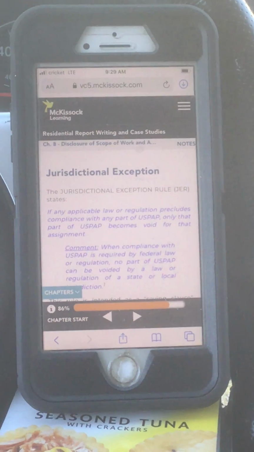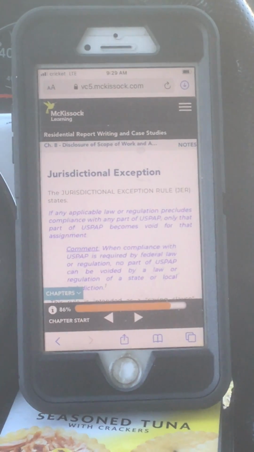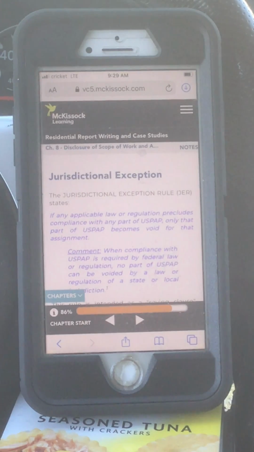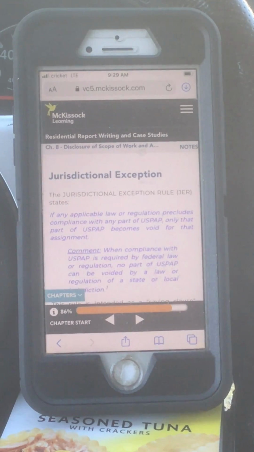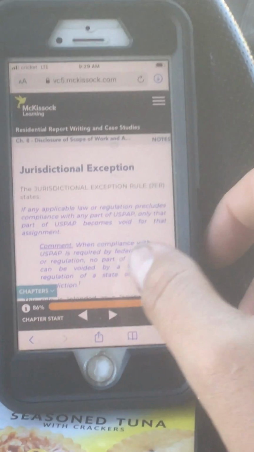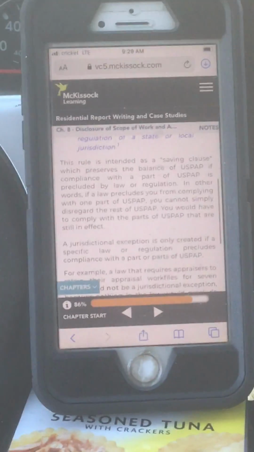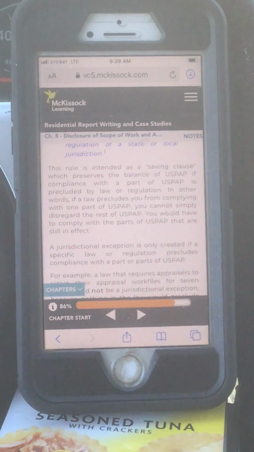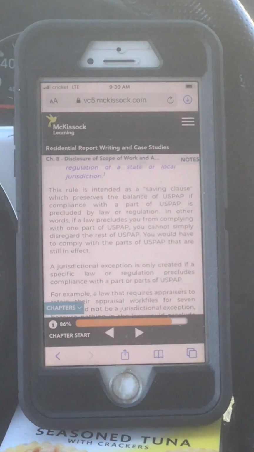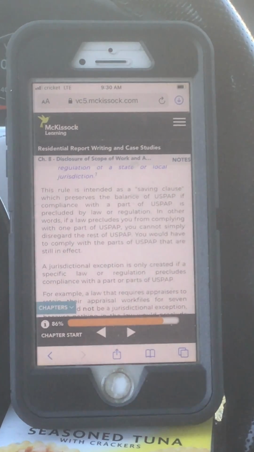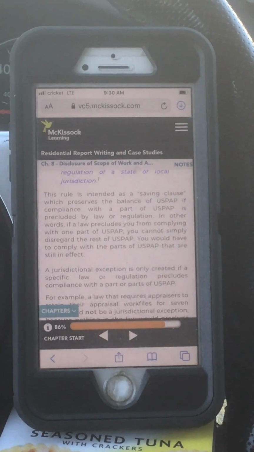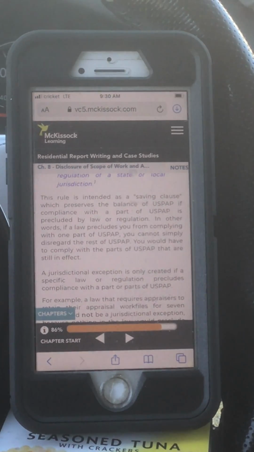Comment: when compliance with USPAP is required by federal law or regulation, no part of USPAP can be voided by a law or regulation of a state or local jurisdiction. The rule is intended as a saving clause, which preserves the balance of USPAP if compliance with a part of USPAP is precluded by law or regulation.